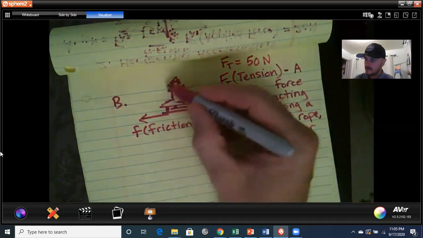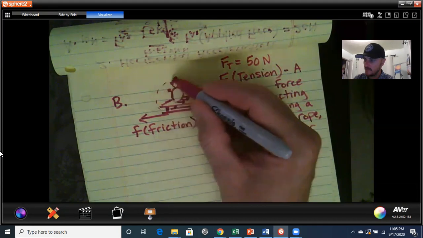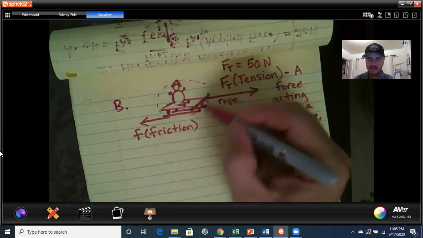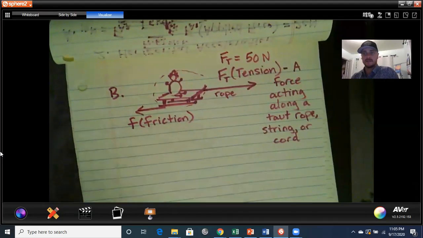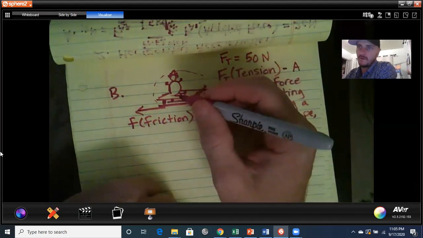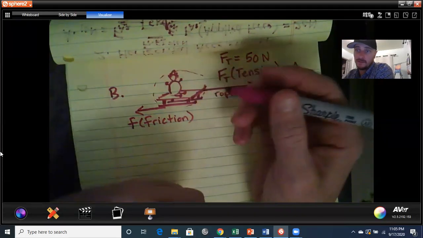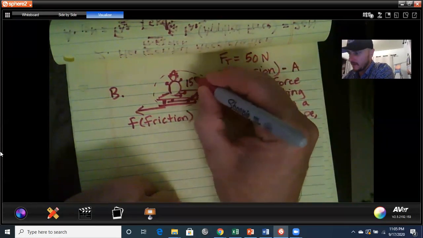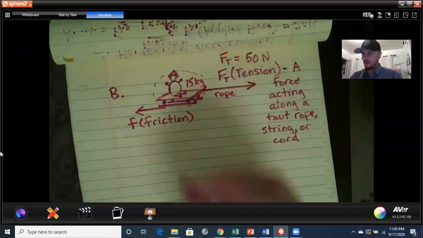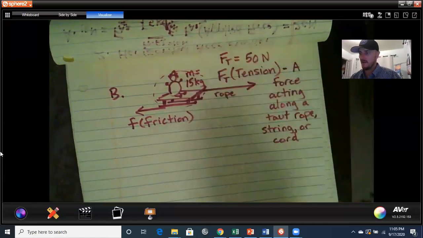And let's say this whole system, and you keep hearing me say system because sometimes we're dealing with more than one mass. Here we have two masses together, a sled and a baby. Let's go 15 kilograms. This whole system is 15 kilograms for its mass.